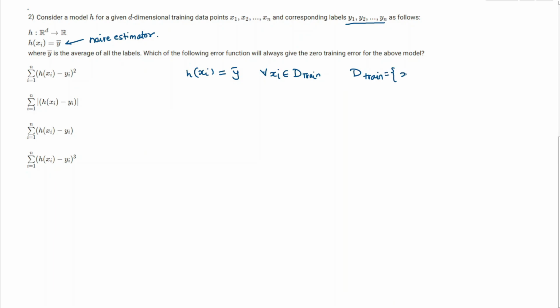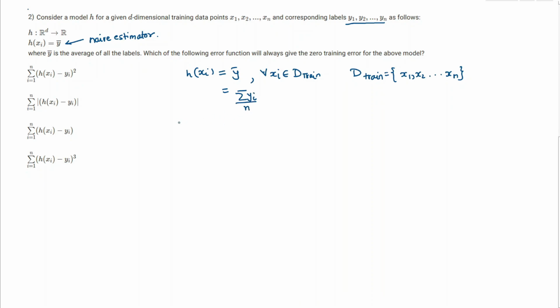And what are those data points? x1, x2 up to xn. Now h(xi) is equal to y bar every time, and I can write y bar as summation of yi divided by n.